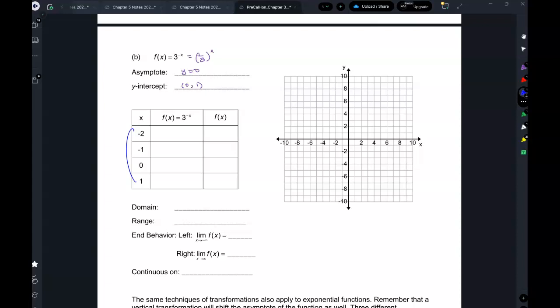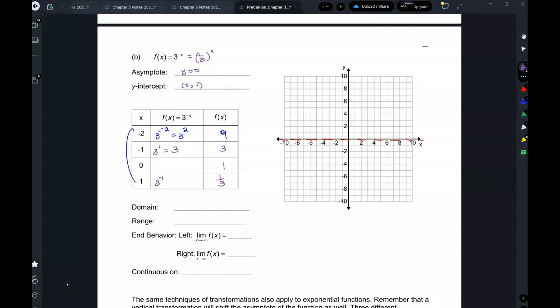So when x is -2, this is 3 to the power of -2, which is 9. When x is -1, it's 3. Then 0 gives 1, and then 3 to the -1 is 1/3. Oh, I forgot to mention the asymptote.